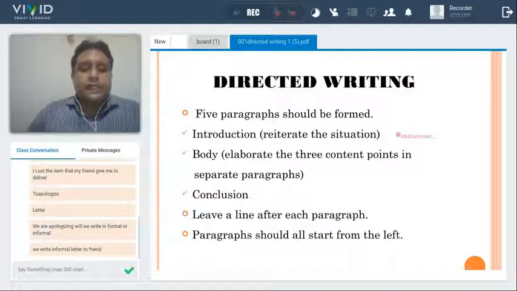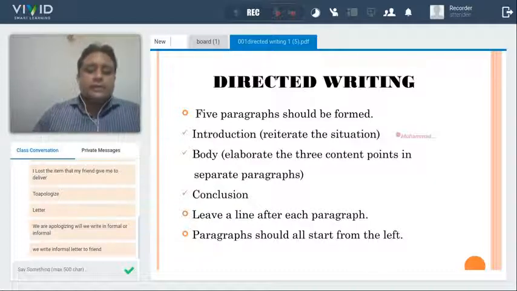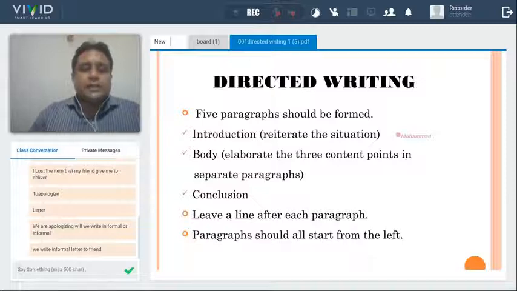Directed writing. Whatever we write, letters, speeches, reports, articles, both in a magazine or newspaper articles, we tend to use 5 paragraphs in that particular text type. We start with the introduction.